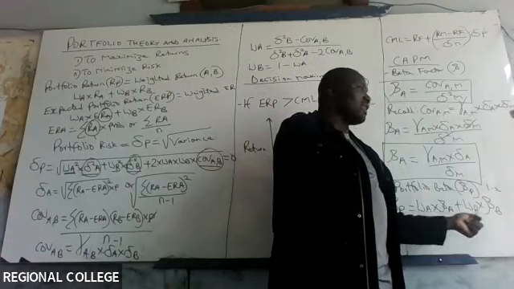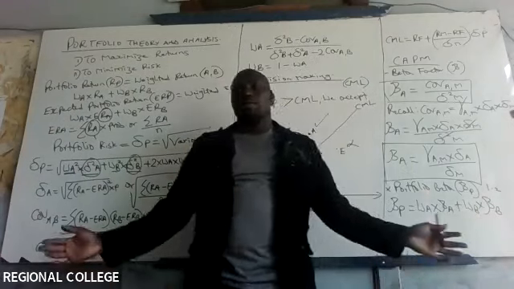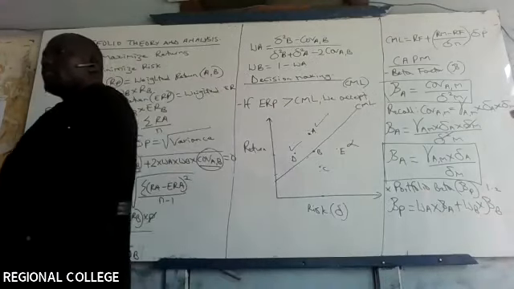Once I have the beta of A and the beta of B, for the portfolio I simply multiply by the respective weights.